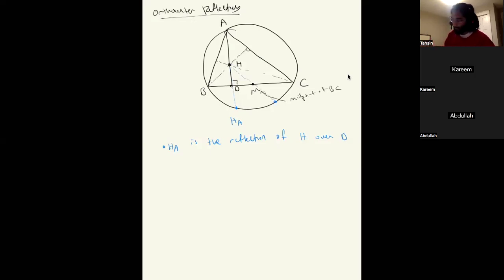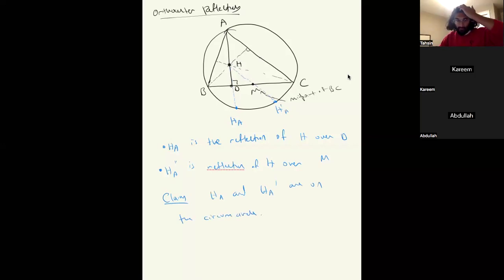We can call it H_A prime, the reflection of H over M. And so the claim is, H_A and H_A prime are on the circumcircle.